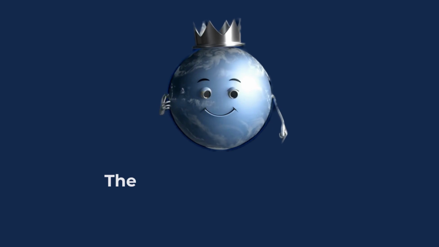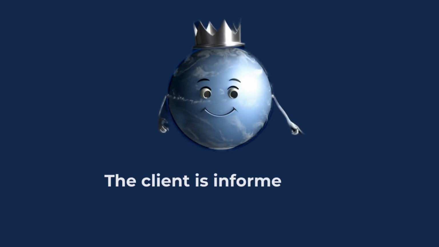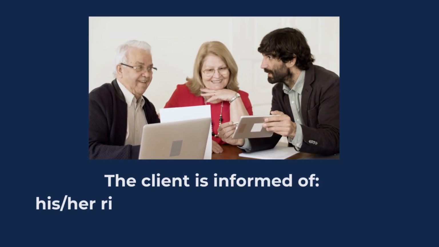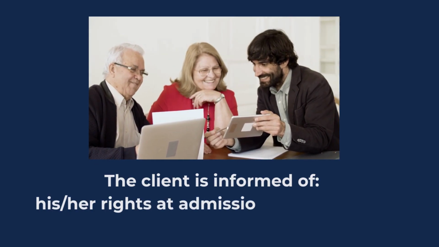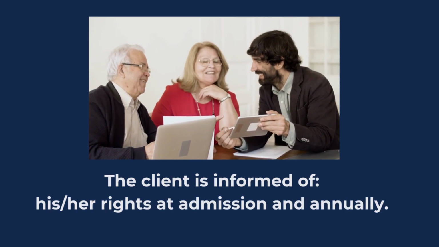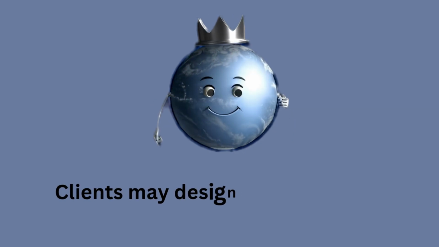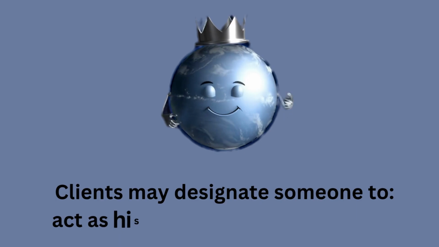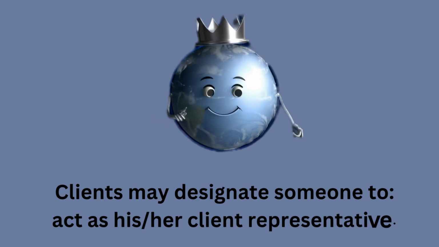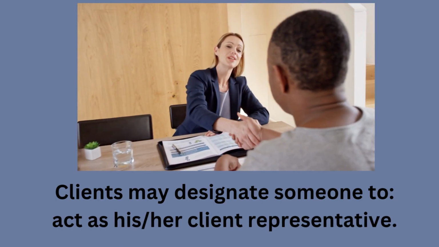Let's start with the foundation of our care, client and member rights. Transparency is key to our relationship with those we serve. Because of this, every client is formally informed of their rights at the time of admission and again annually. It is also important to note that clients have the autonomy to designate a representative to act on their behalf if they choose.